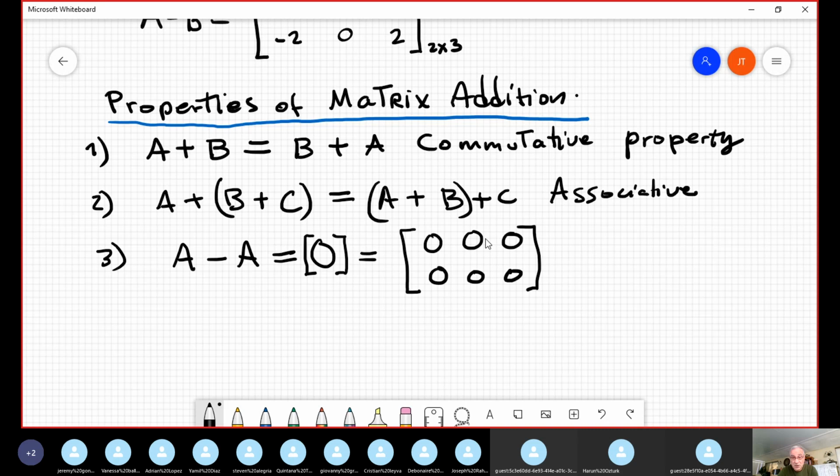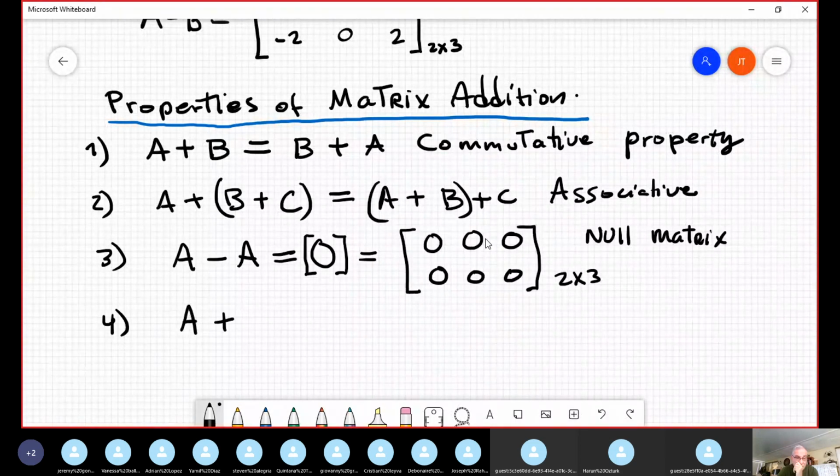Suppose we are talking about a 2 by 3 matrix. For 3 by 3, we have 9 zeros. This is a zero or null matrix. So when you subtract, you get the null matrix. And the last property is, for example, in addition, adding the null matrix gives the same matrix.